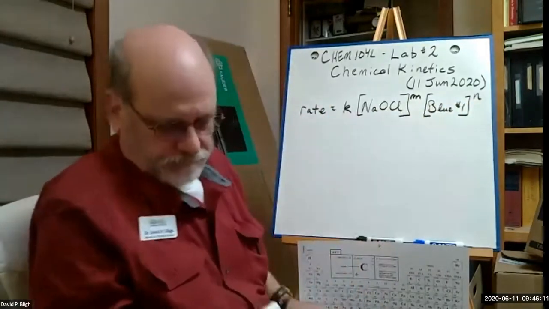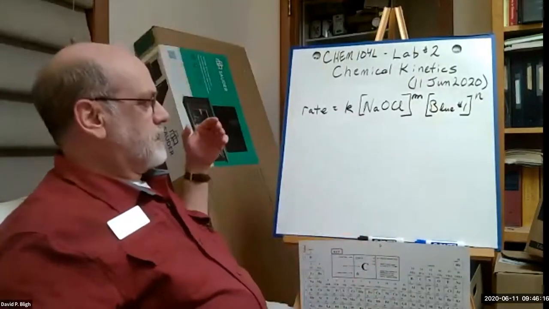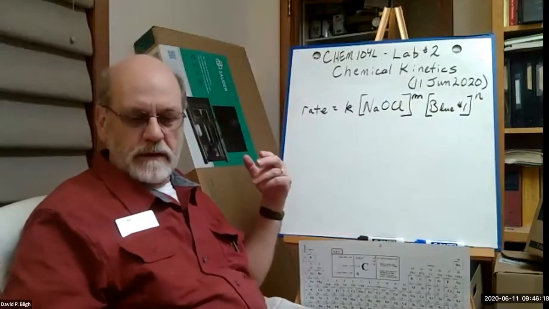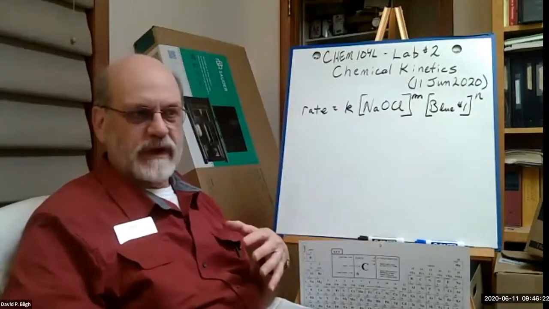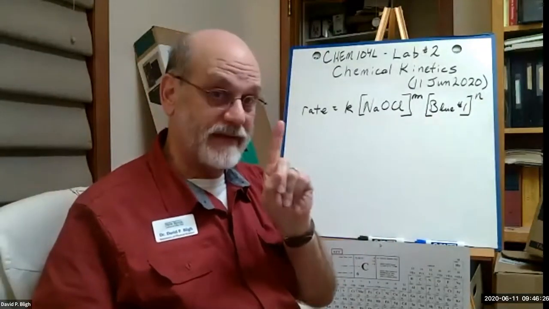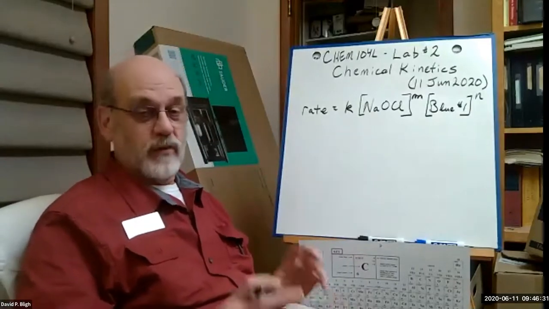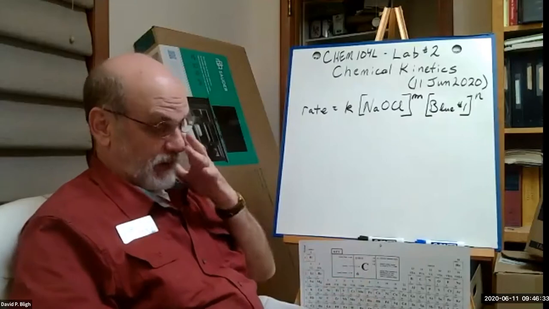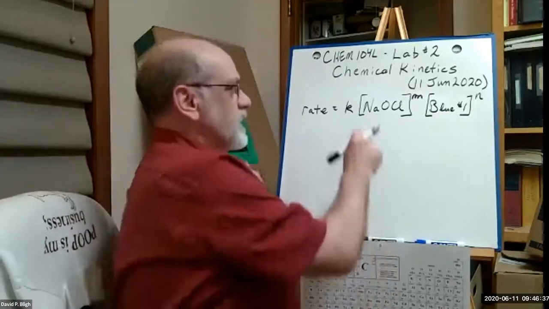All right. So here's the rub. We've only established a way of determining the order of a reactant if there's only one reactant. But we've got 2. So how do we deal with that? Here's how you do it.